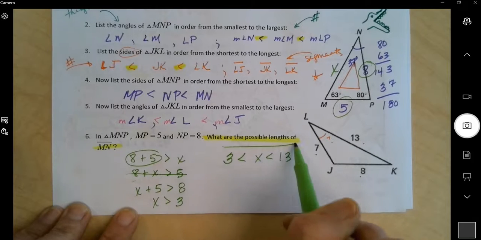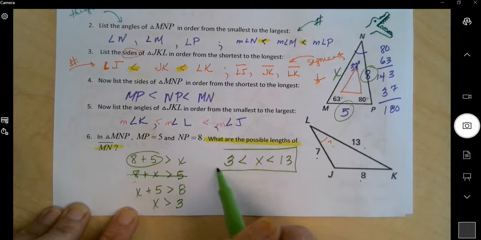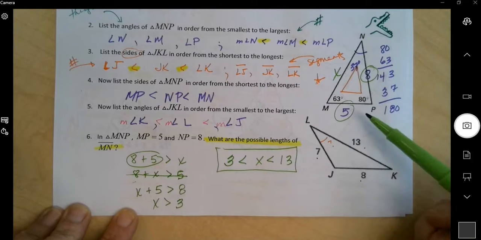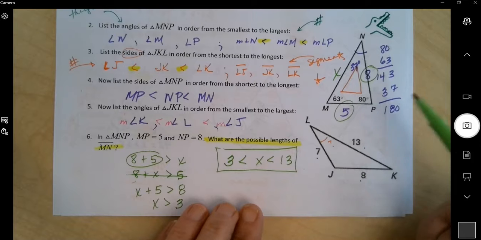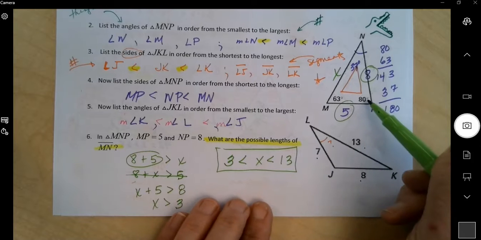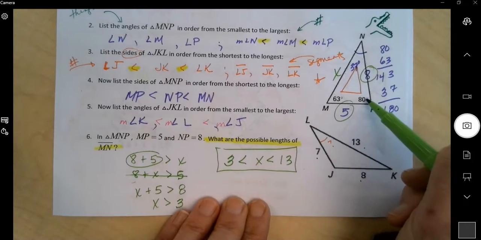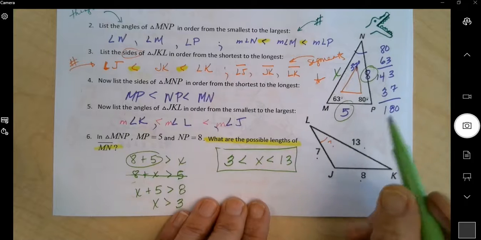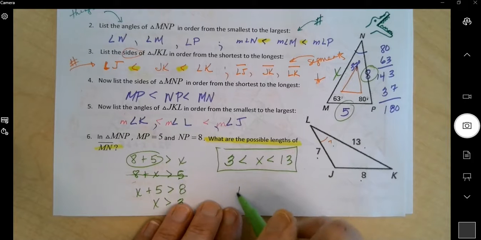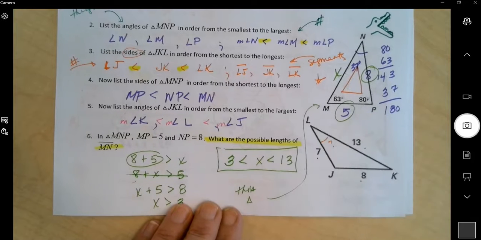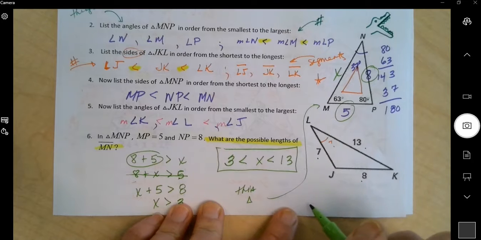So these are my possible side lengths for X. But here's the interesting conversation. Come back here. I know that X has to be my biggest side in this triangle. So for this triangle, with those angle measurements, I know X has to be bigger than 8.